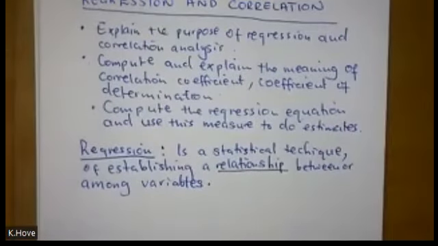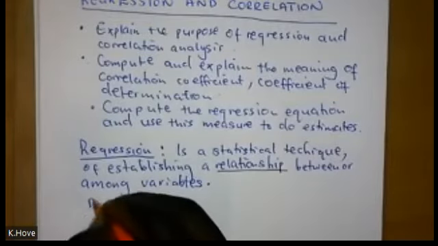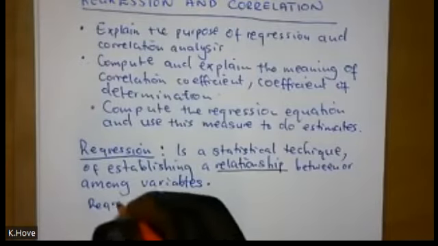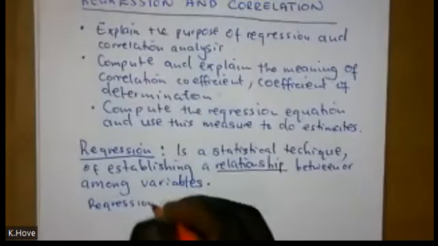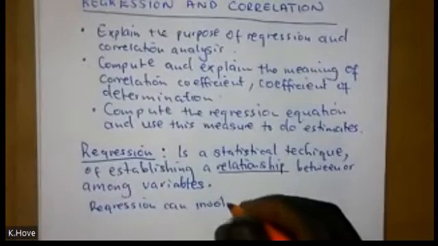So what comes into mind here is the fact that when we talk of between, we'll be having two variables. So regression can involve only two variables.